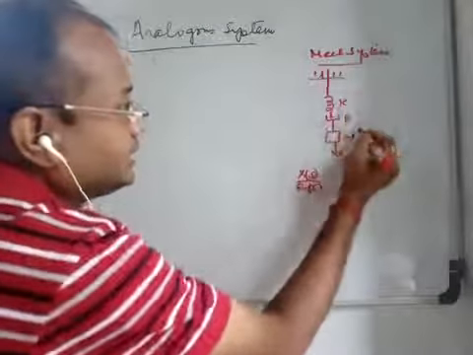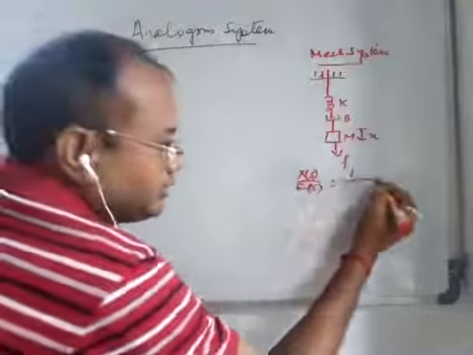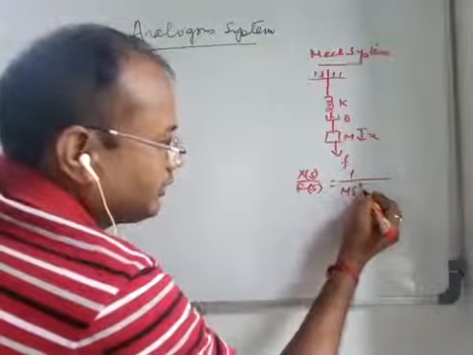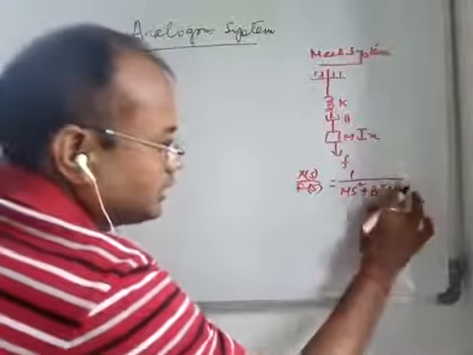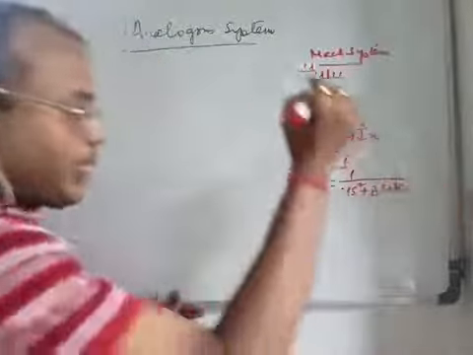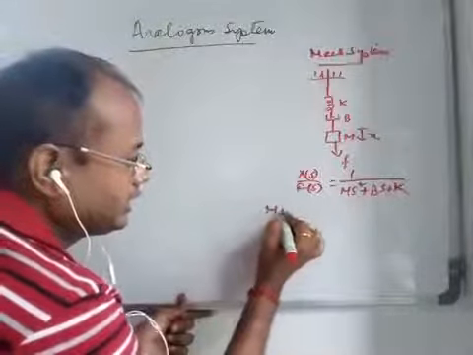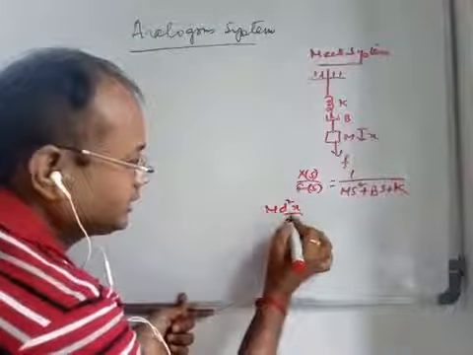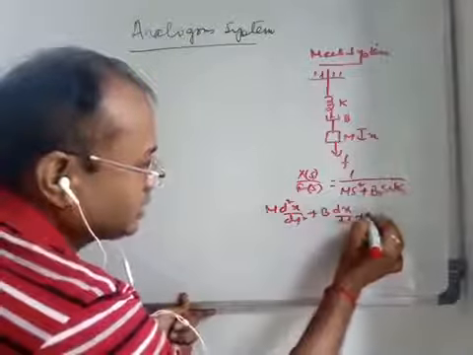X is the displacement of the mass with respect to its equilibrium position. Already we have derived this as Ms^2 plus Bs plus K. Or in terms of differential equations, you write M d2x/dt2 plus B dx/dt plus Kx is equal to f.